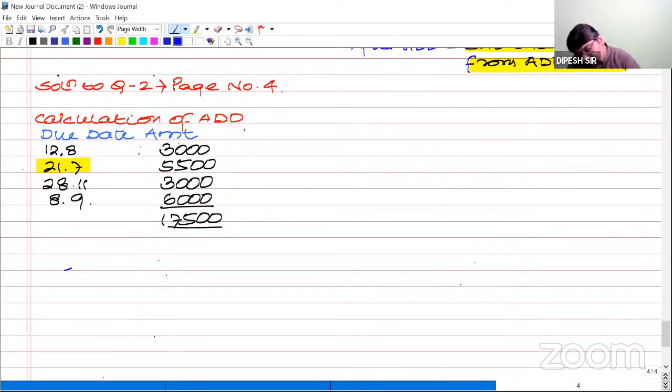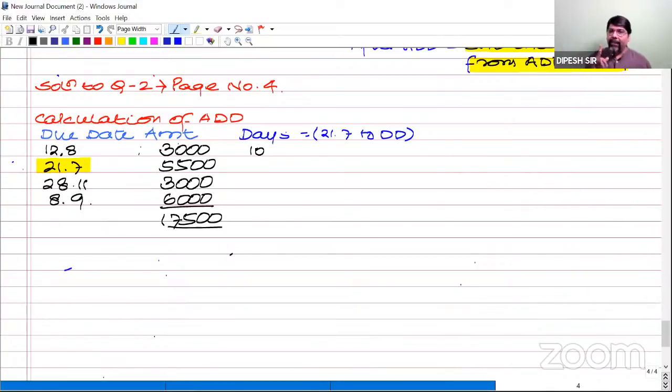Thereafter, days is equal to 21st July to due date. 21st of July to 12th of August. How many days are left in July? 10 days are left in July, because July has 31 days and 21 are gone.